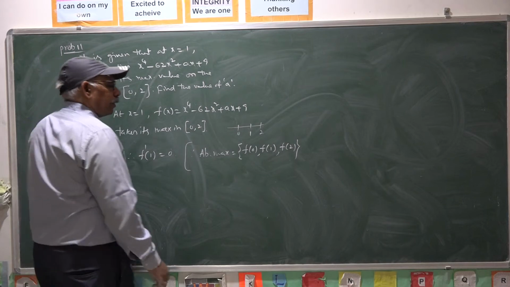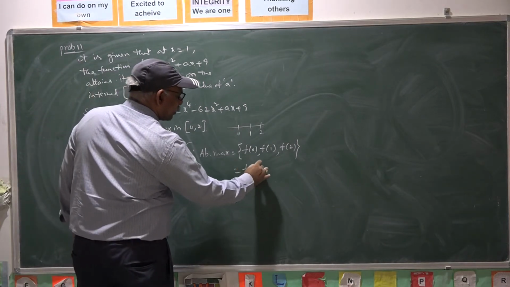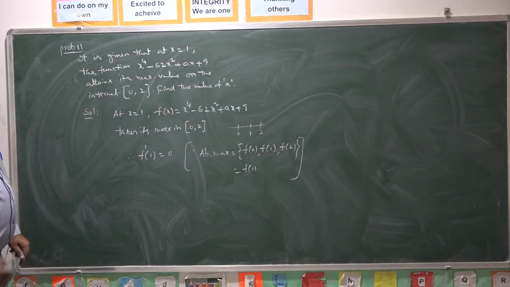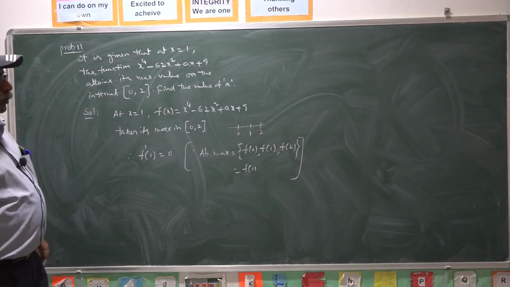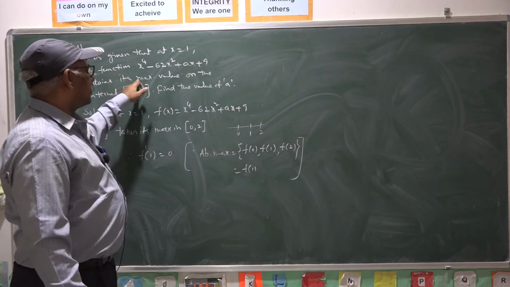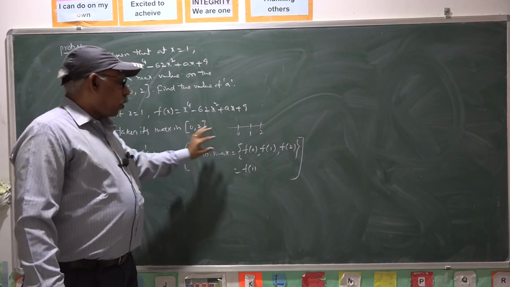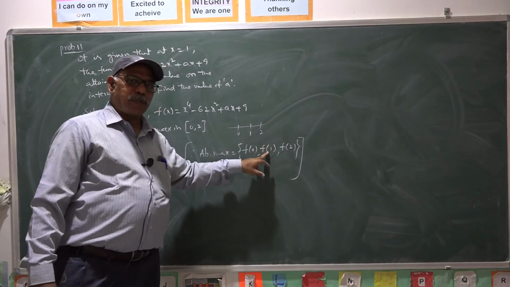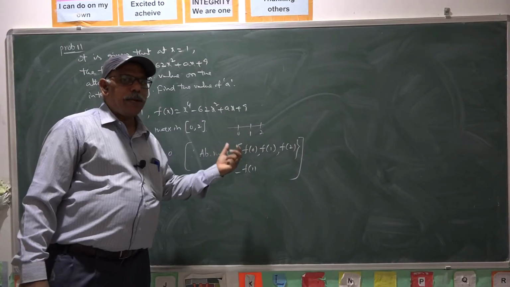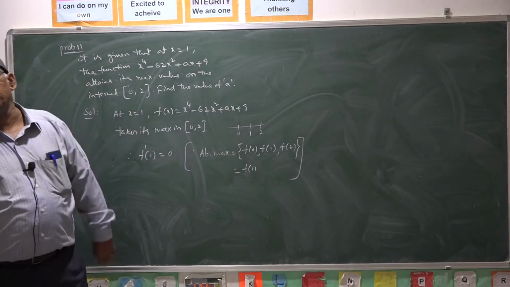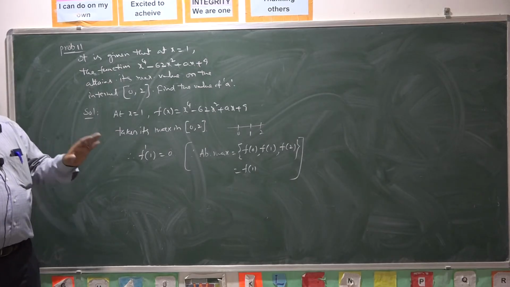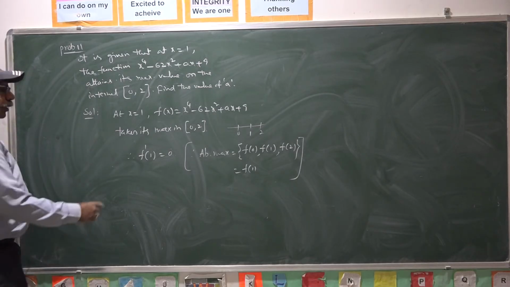Here this is f of 1, the maximum. At x equal to 1, absolute maximum is f of 1, because it takes its maximum value in the interval. Out of these, this is the maximum value. This is the intermediate value that lies between 0 and 2. Hence, certainly there the first derivative must be 0.